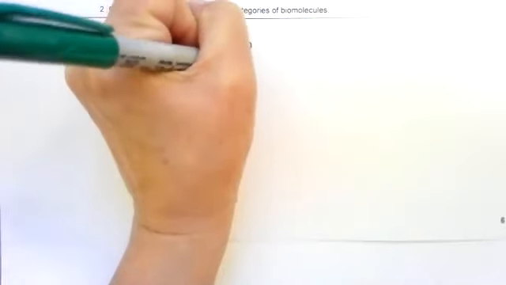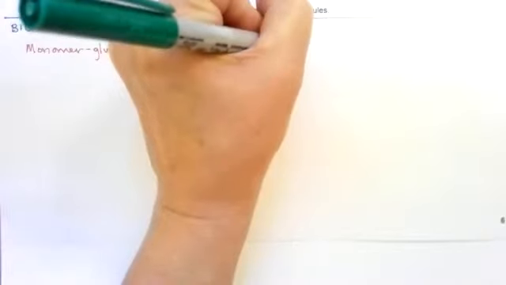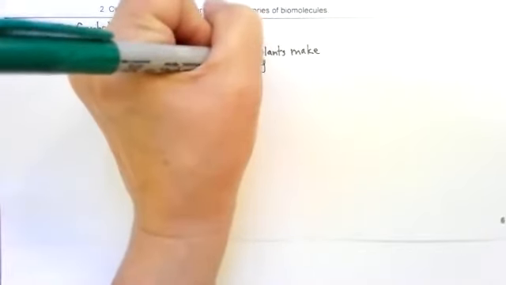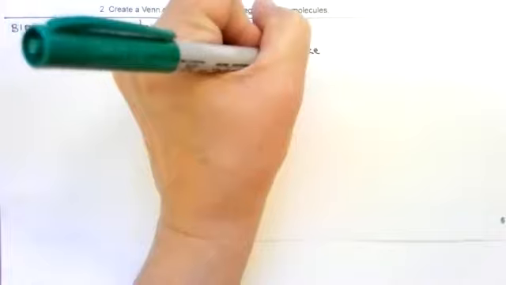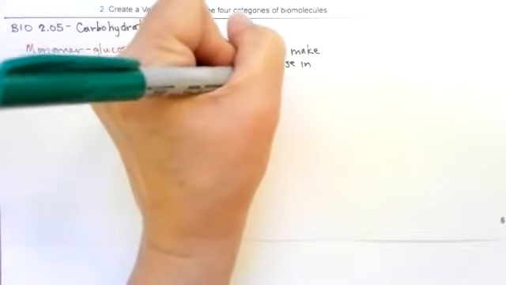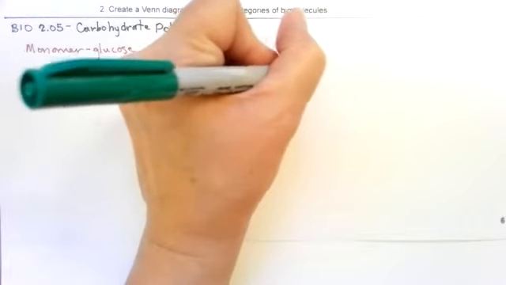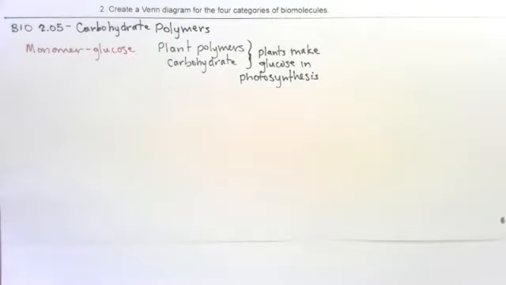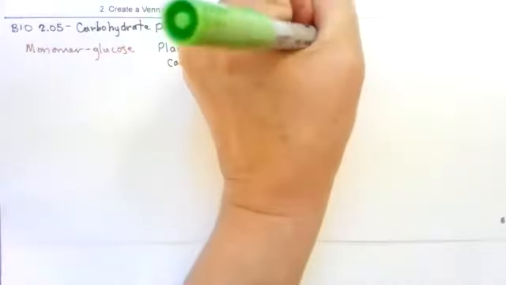Let's write that down. And they do 2 different things with this glucose. They snap it together 2 different ways. So the first polymer that we're going to talk about, glucose in plants, is starch.